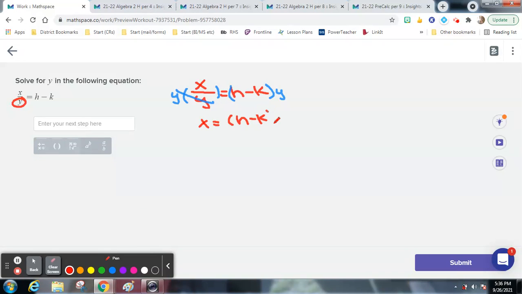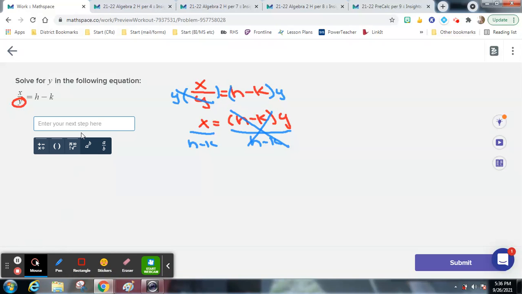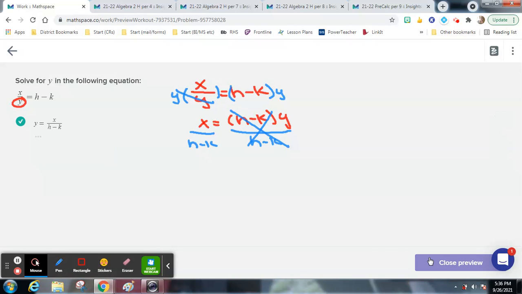Leave it in this grouping here, because then if I divide the whole thing by h minus k, it's going to work out for me. You can either leave it in the grouping or not, but this whole thing will go away. And now you have y by itself. So I could write that y equals x divided by h minus k. Again, whether you write the grouping or not is just your decision.